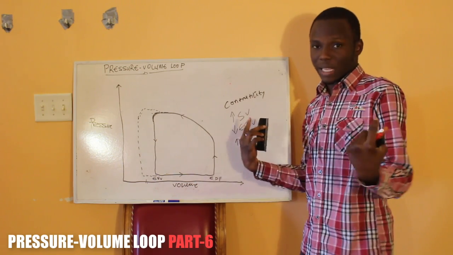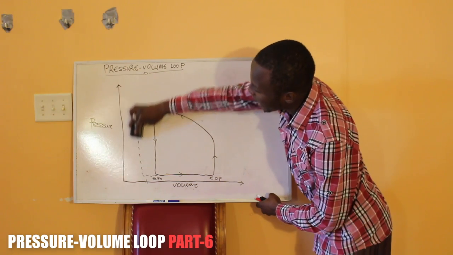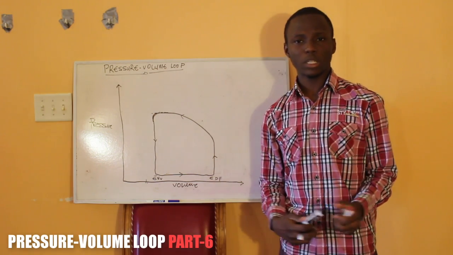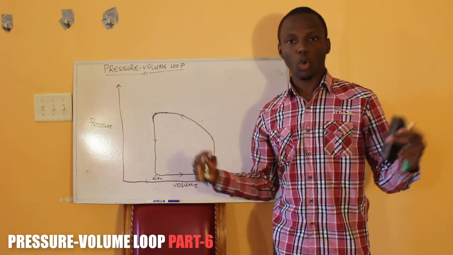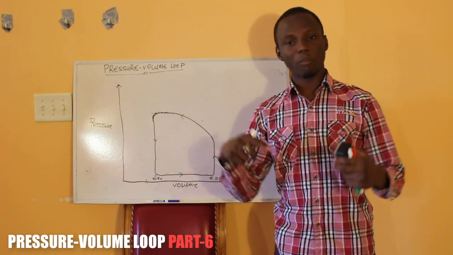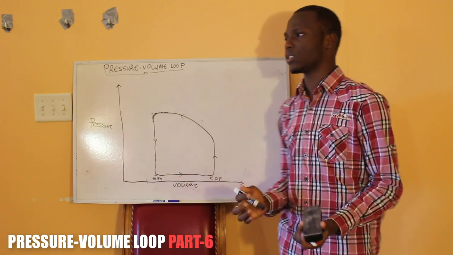So basically this is for contractility, and I promised from the last video that I will integrate aortic regurgitation into this. So in aortic regurgitation, what do we have? There is a failure of the aortic valve to close when it's supposed to close. So there's blood returning back to the left ventricle after systole, that is during diastole, right?